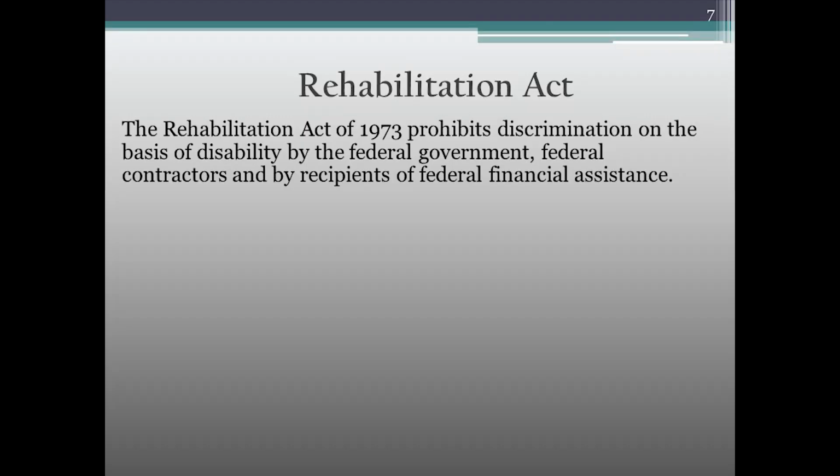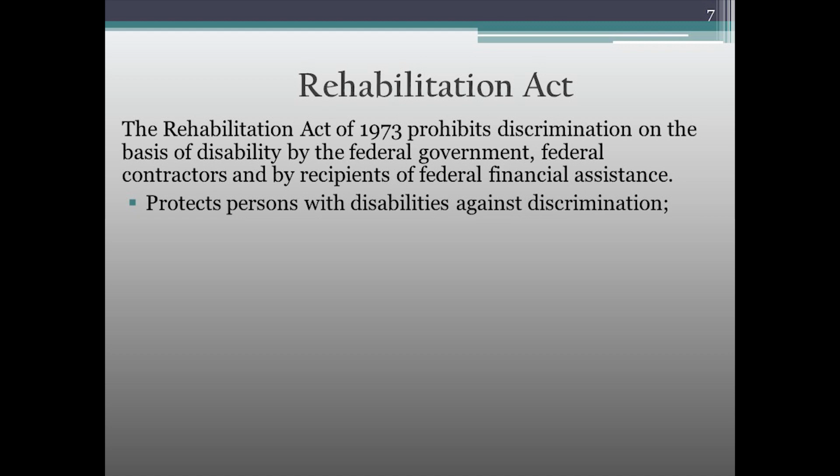Now, the Rehabilitation Act, just in general, prohibits discrimination on the basis of disability by the federal government, federal contractors, and anyone that receives federal financial assistance. So what it does is it ultimately protects individuals with disabilities from discrimination. Not only employees, but individuals that need to utilize services that the federal government provides.